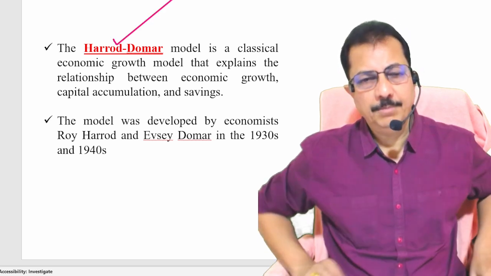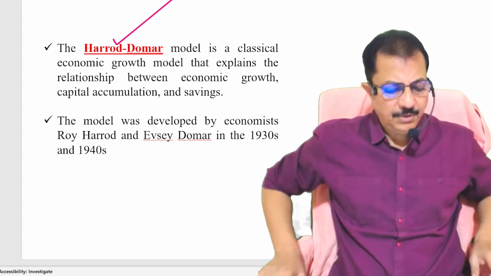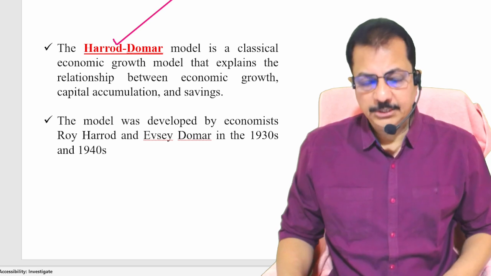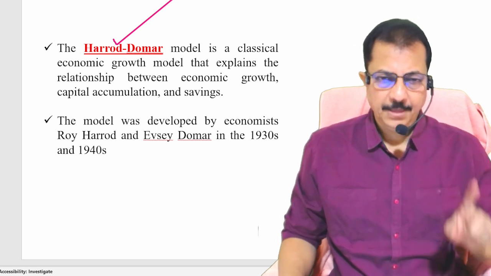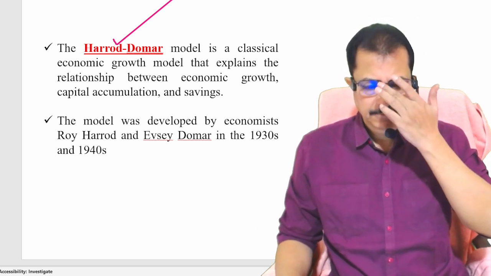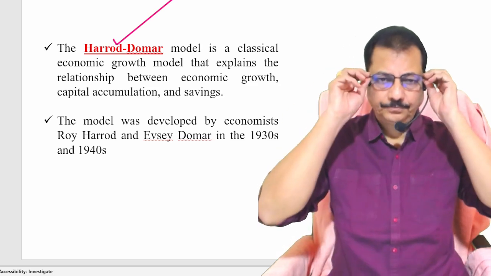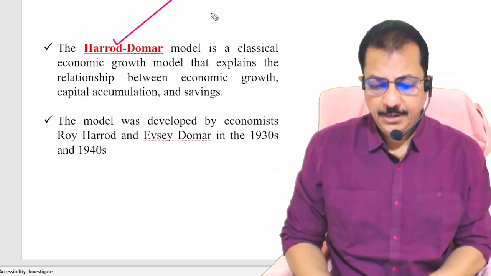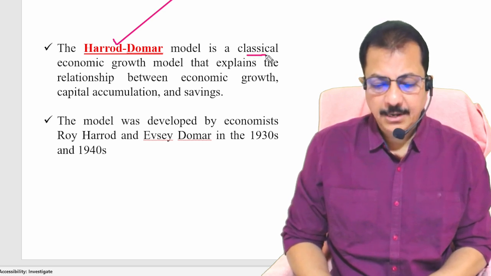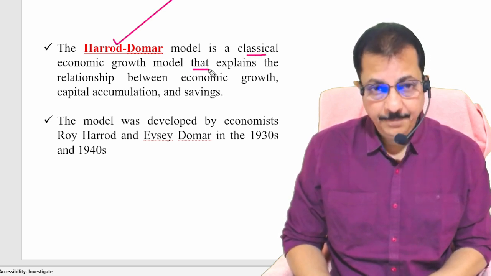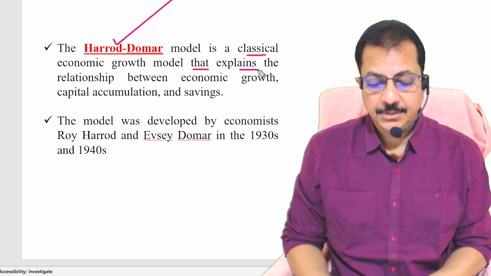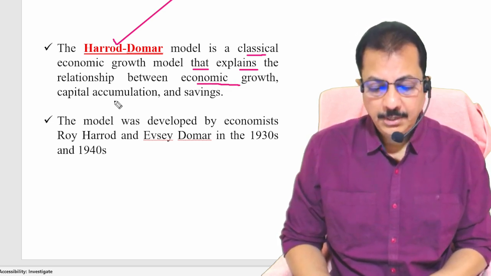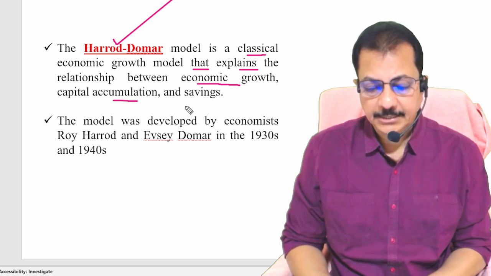I told you already, just look at these points. Tomorrow there may be a question: with which of the following 5-year plans is the Harrod Domar model associated? It is the first 5-year plan. Otherwise they will ask you what exactly the Harrod Domar model is. This is a classical economic growth model that explains the relationship between economic growth, capital accumulation and savings.